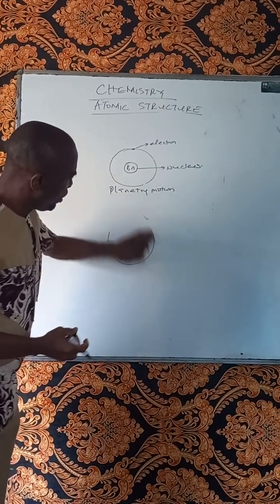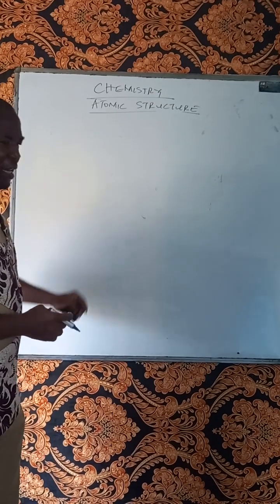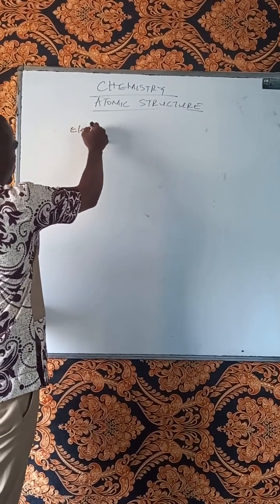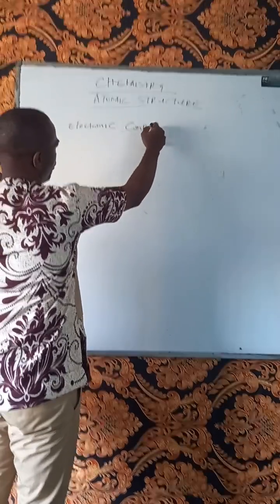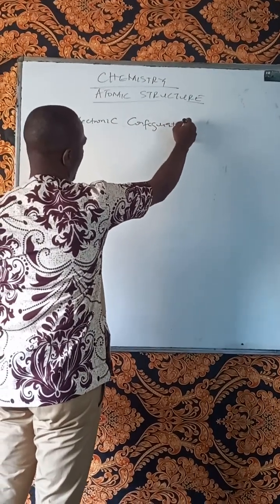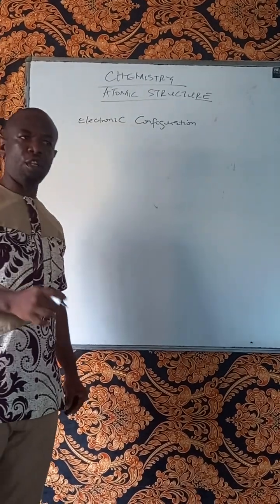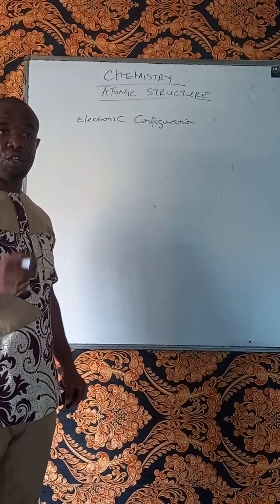Having done that, we now look at what is meant by electronic configuration. How do we distribute electrons? Since the electrons are found in shells, how are these electrons distributed inside the shells?